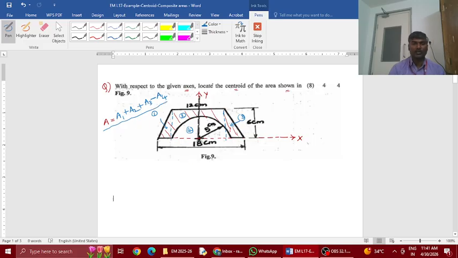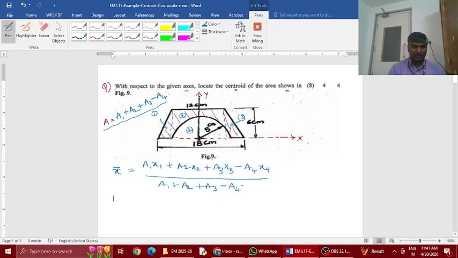For that we want the centroid. The formula goes like this. If you want the x bar value, the x coordinate of the centroid is a1 x1 plus a2 x2 plus a3 x3 minus a4 x4, divided by a1 plus a2 plus a3 minus a4.